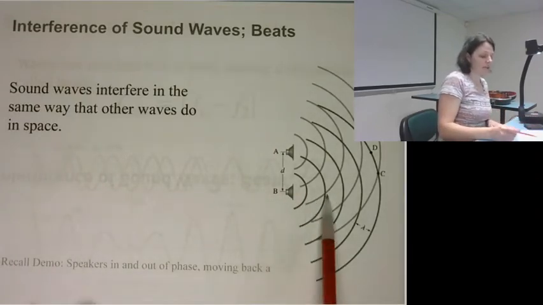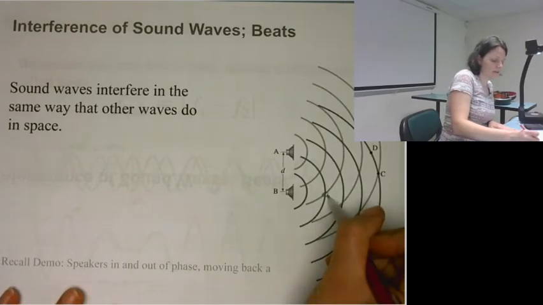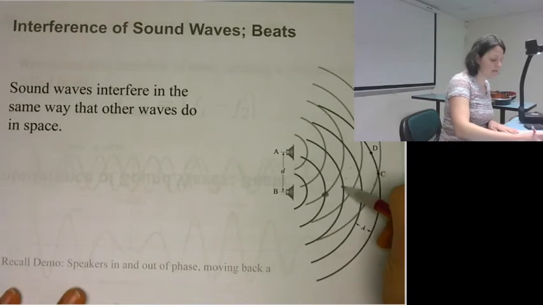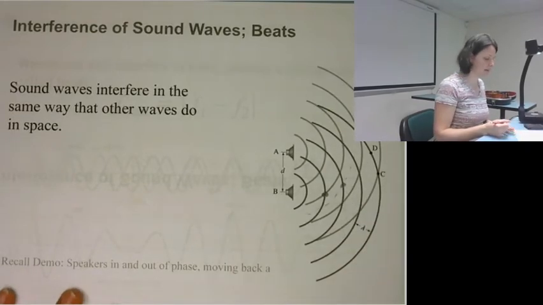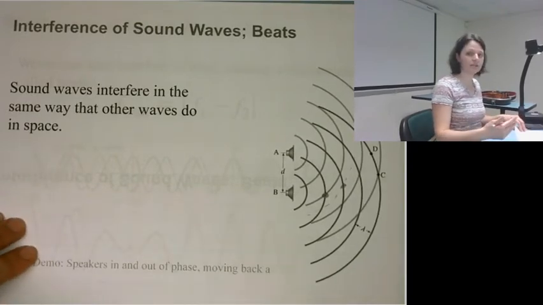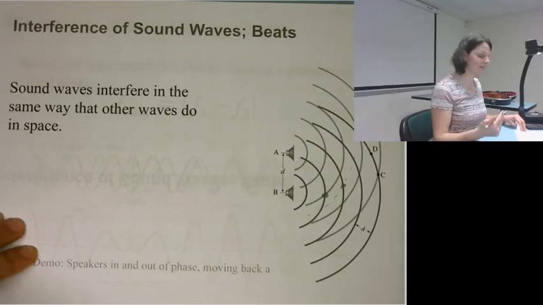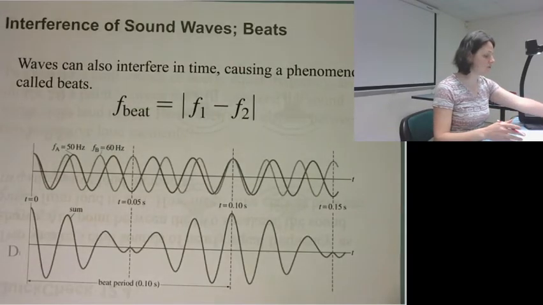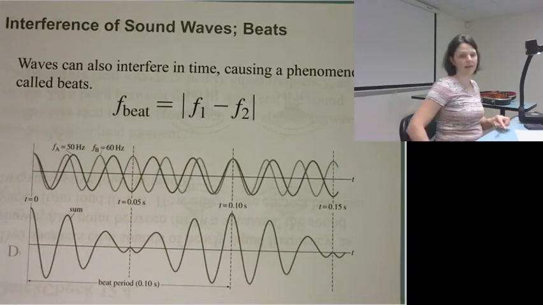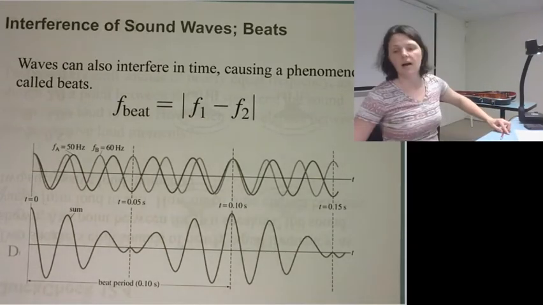There are regions of constructive interference, where peak and peak meet each other, and regions of destructive interference, where a peak and trough meet each other, and you hear something quiet. But when you have two frequencies that are almost exactly the same note, but not quite, you can hear something called a beat. So let me play you a beat.